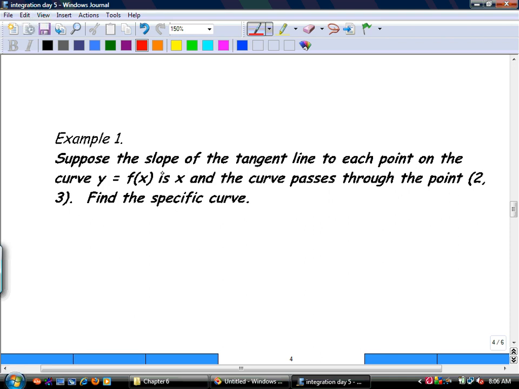So what it's saying, it's hidden in here, is dy over dx equals x. Okay, find y, make y equals. What do you got?